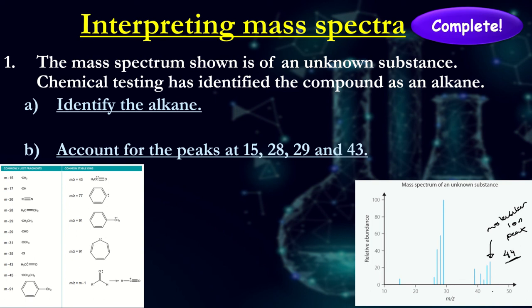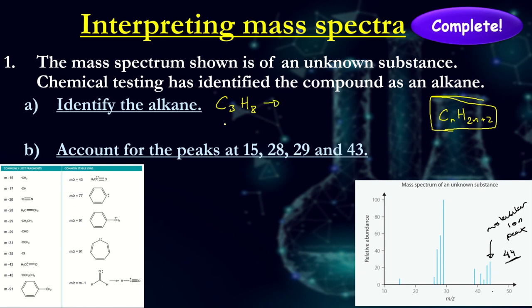So if I do a little bit of deduction, remember this is an alkane. So an alkane's general formula is CnH2n+2. Obviously you'll need to know what specific formula you're dealing with as well. If we have a look, this would actually be propane, so C3H8.